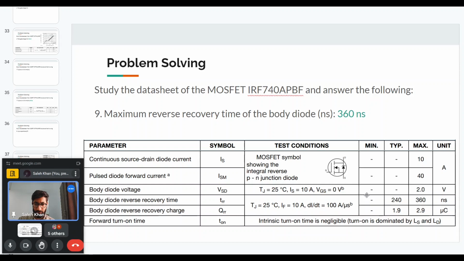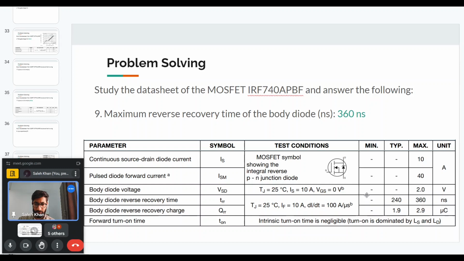The reverse recovery time is given for two conditions. This is how the waveform looks. The device is carrying some forward current and then it is turned off.